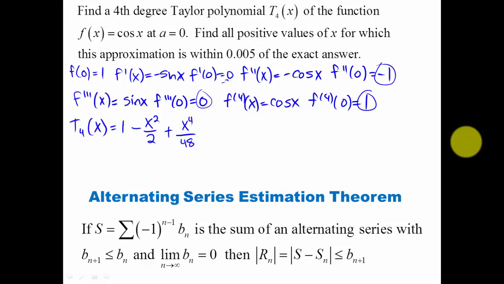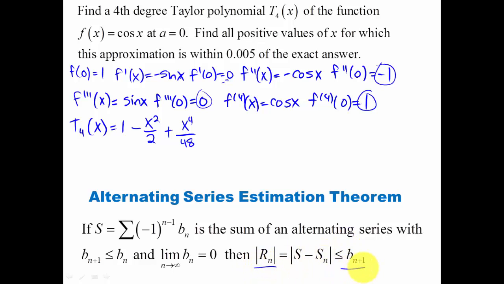What this says is if we have the sum of n terms of an alternating series, with terms (-1)^(n-1) times b sub n, and if b sub n+1 is less than or equal to b sub n, and if the limit of these b sub n terms as n goes to infinity is 0, then the magnitude of the remainder, the difference between the partial sum of these n terms and the sum of all the terms, is less than or equal to the b sub n+1 term.